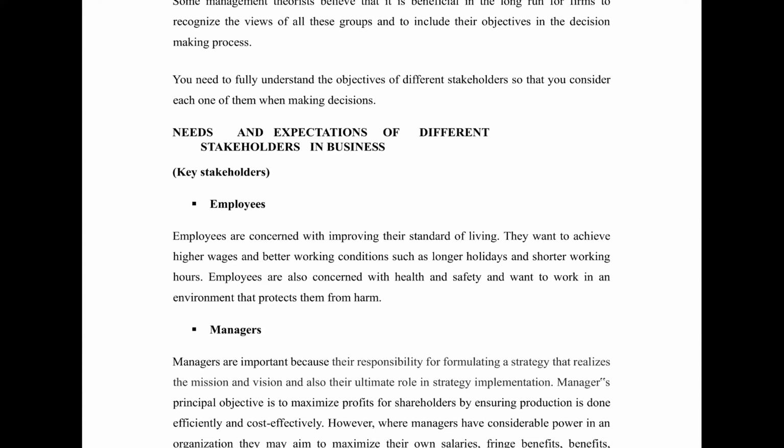You're powerful people. Better environment to work. Yeah, better environment. That's what they want. Okay. Do we have anyone else who wants to add on what employees want, apart from what we have already said?